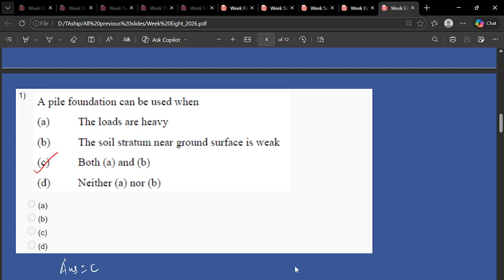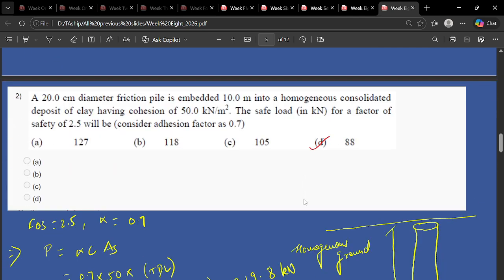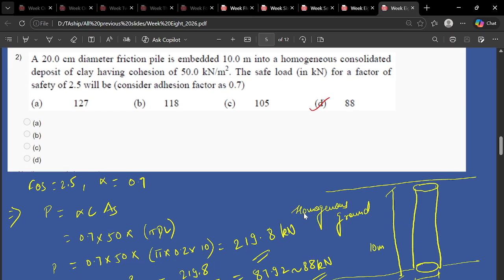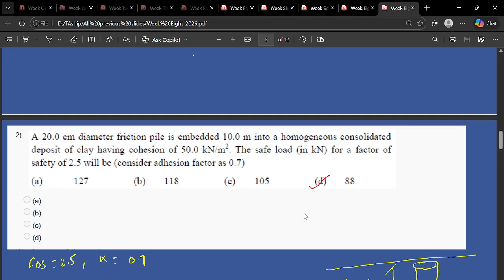So when the loads are heavy and you want to transfer your load to a larger depth, pile foundation can be used. Then how to calculate the capacity of the pile. It depends upon the soil in which it is placed and also the material and the geometrical property of the pile.